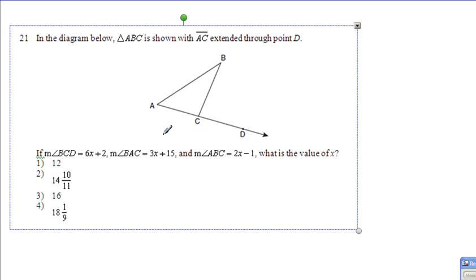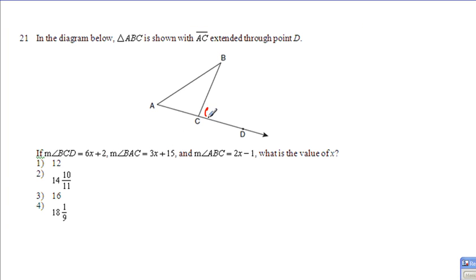Now, this is a classic example where the BCD exterior angle is 6x plus 2. Now, BAC, which is this one, is 3x plus 15. And then angle ABC is equal to 2x minus 1.